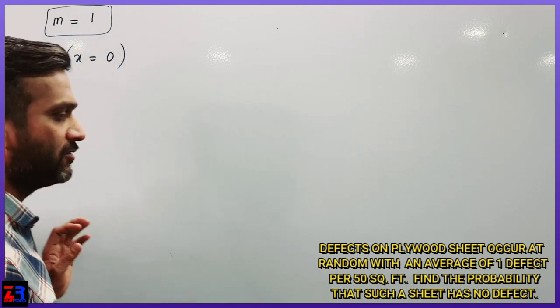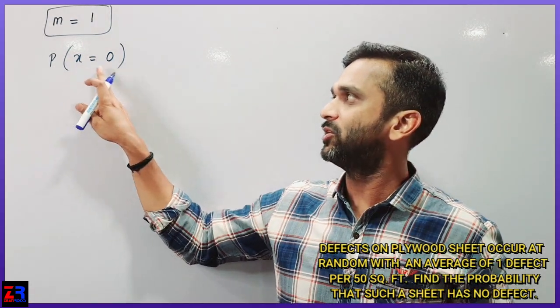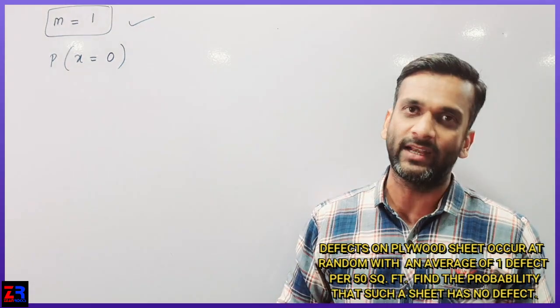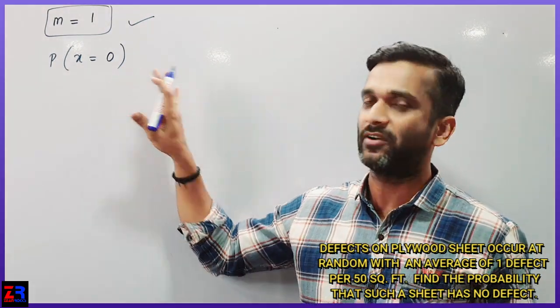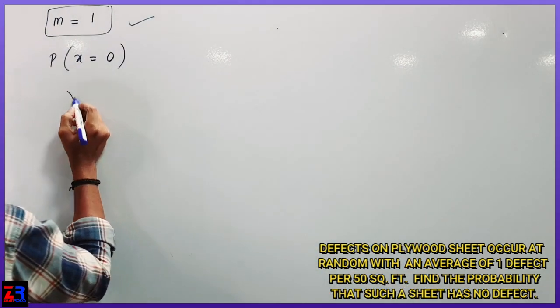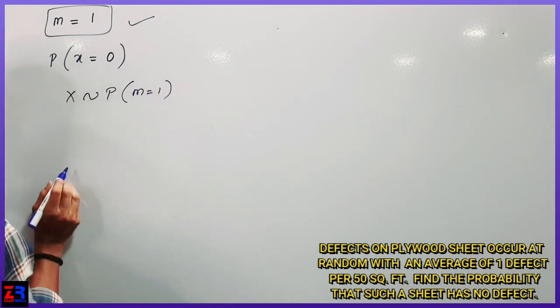No defect means 0 defects. So we are supposed to find probability of x equal to 0. Only one parameter we require, that is an average. Here x has Poisson distribution with m as 1.